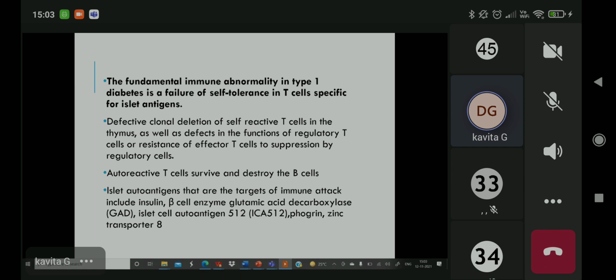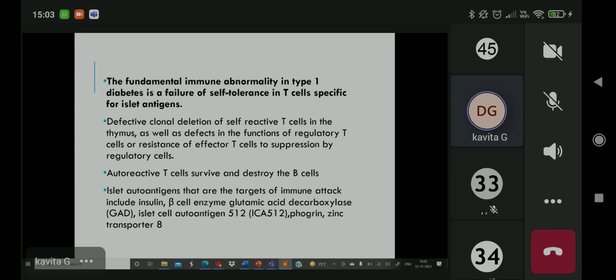Now, by the way, diabetes mellitus is a topic which you should know from A to Z, start to scratch. And the pathogenesis is asked. You could be asked the types of diabetes mellitus, that is, classify or enumerate the types of diabetes mellitus. What are the diagnostic criteria for diabetes mellitus? What is the pathogenesis of diabetes mellitus?